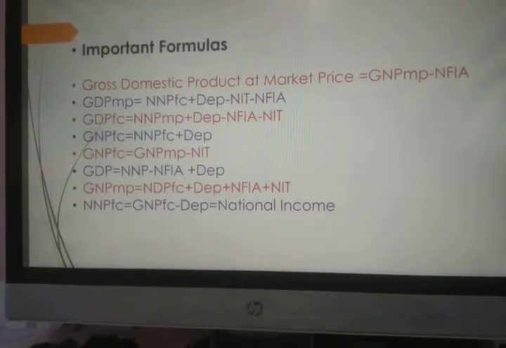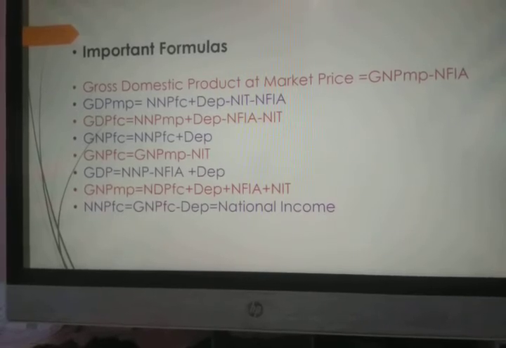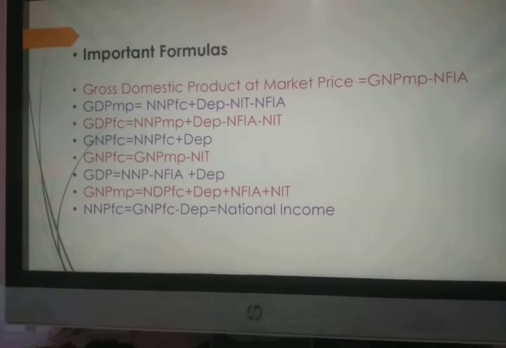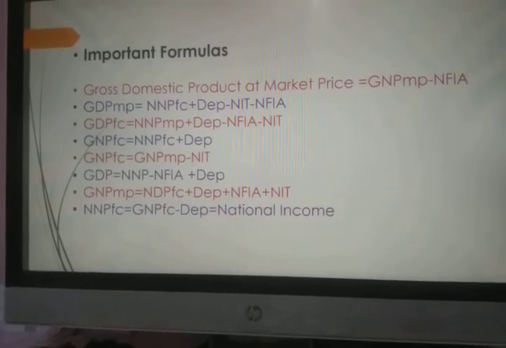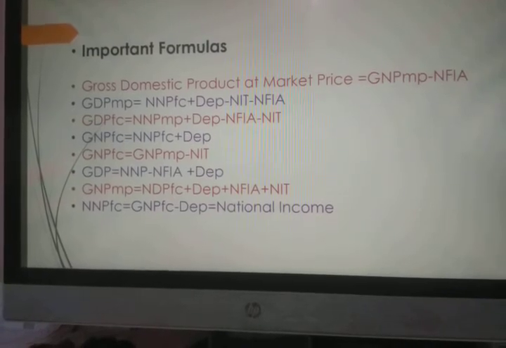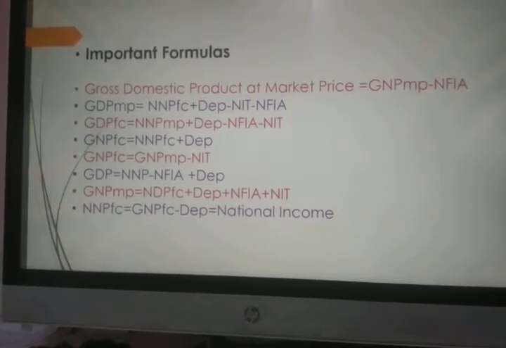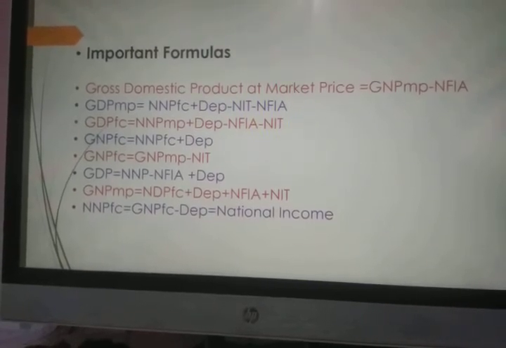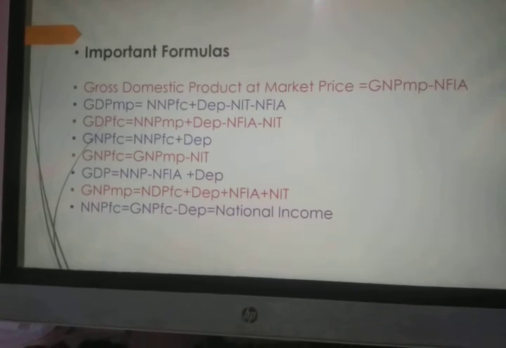I'm so sorry. It is not NIT to be deducted. It is NIT to be added. So make this correction, please, students. Be careful. I repeat it. GDP MP is equal to NNP FC plus DEP plus NIT and minus NFIA. So you need to be very, very careful. Rectify it. This is very important, students.